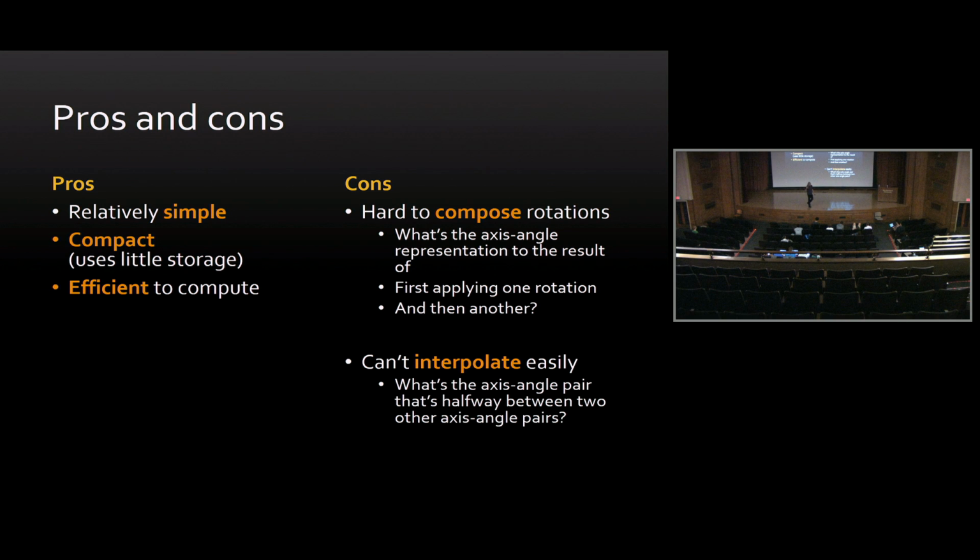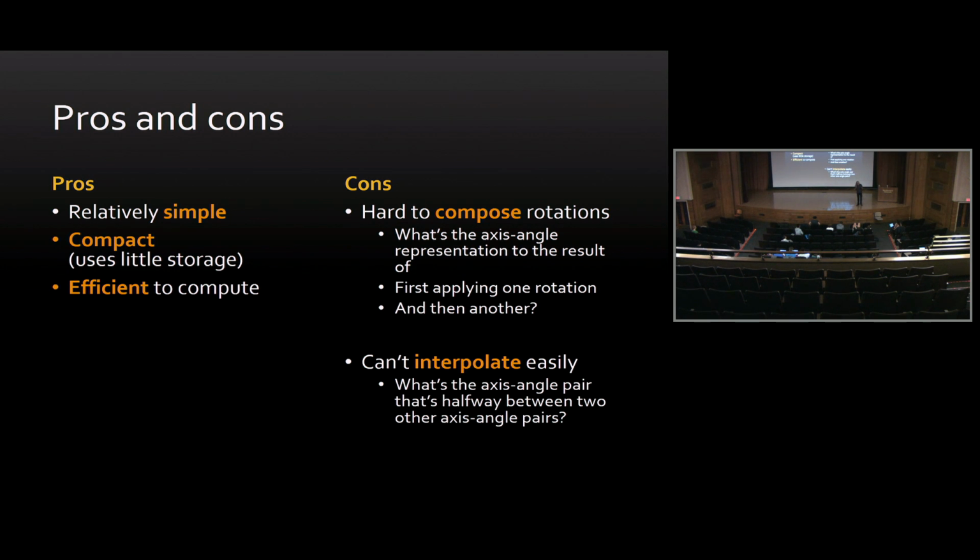Here's why it sucks, though. It sucks because you can't say, given this axis angle representation for rotation and that axis angle representation for rotation, give me the axis angle representation of what happens if I rotate by this and then I rotate by that.